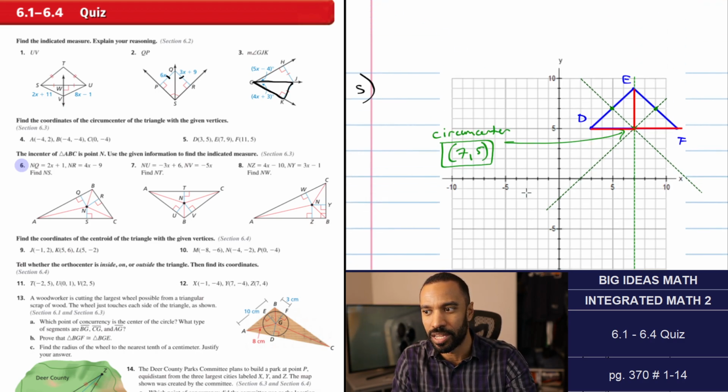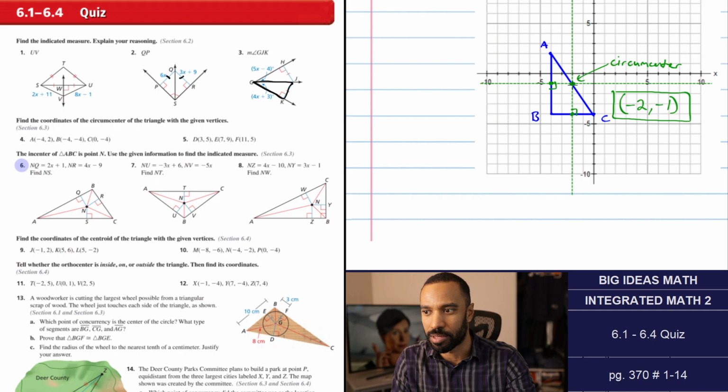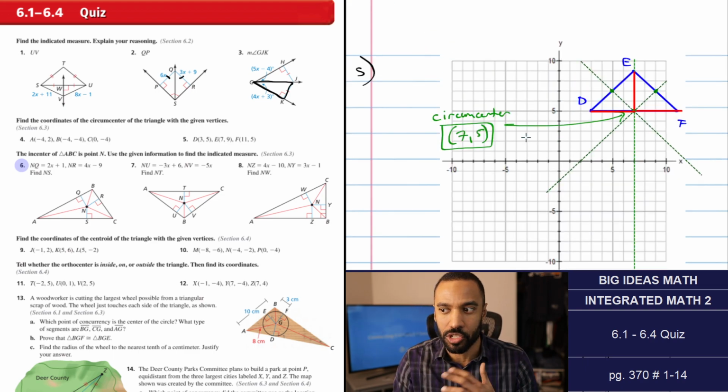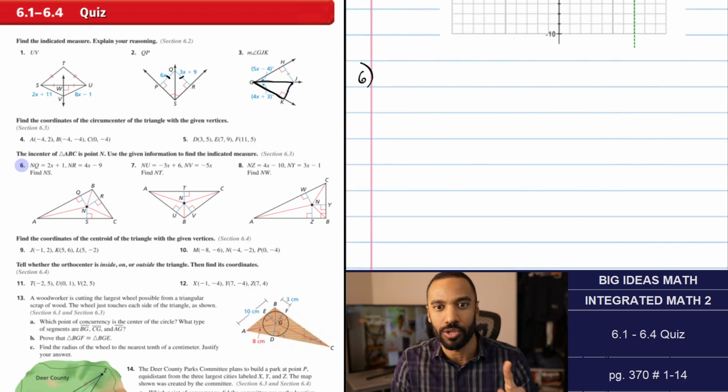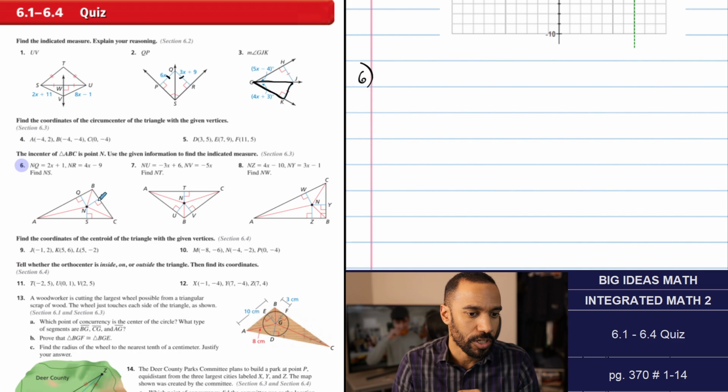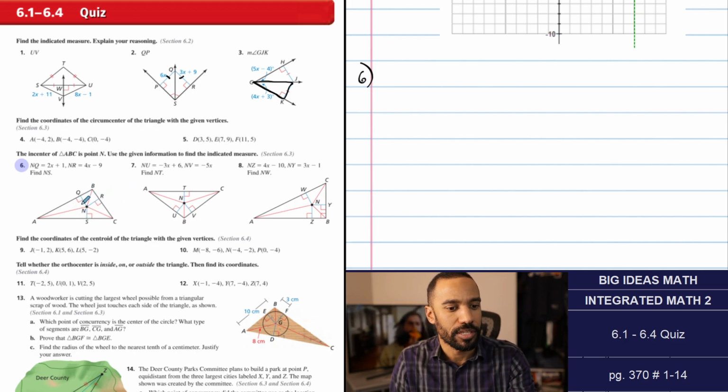And then same thing with this right triangle. This distance, and this distance are all equal as well in that same way. So that's what a circumcenter does. You can circumscribe a circle around that triangle, and with an incenter, you can inscribe a circle. A circle can be drawn on the inside like that. It can touch all sides of the triangle. Okay, so that means all these things are congruent.